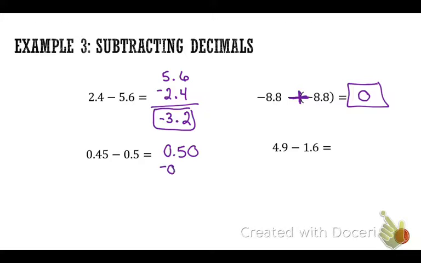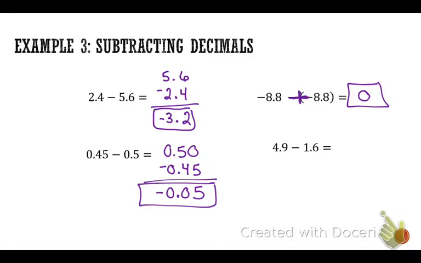So when you subtract them, you get 0.05. Is your answer positive or negative? Which one's bigger, guys? 0.5. 0.5 is bigger. Okay? Remember, look at your tenths place. There's a 4 here and there's a 5 here. So the 5 is bigger, your answer is negative.